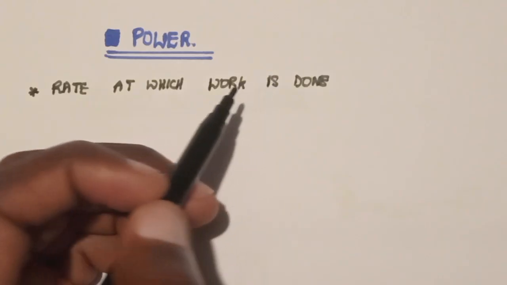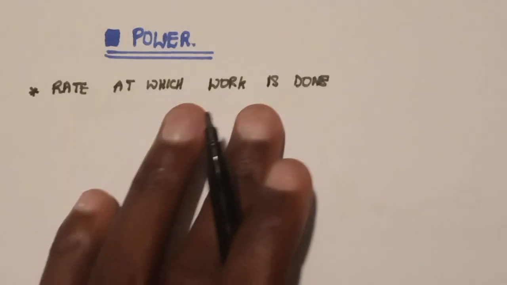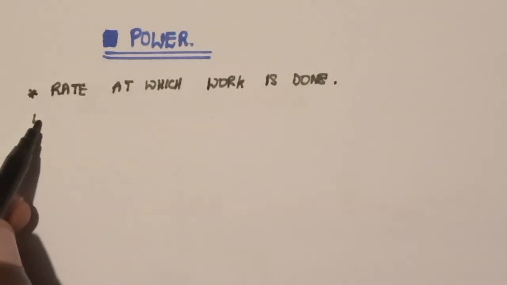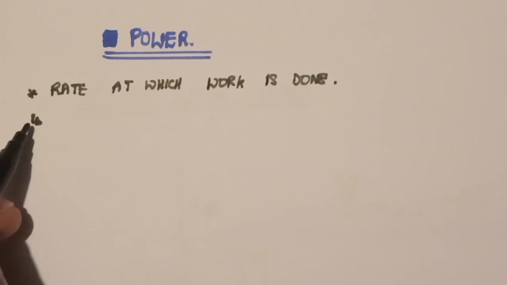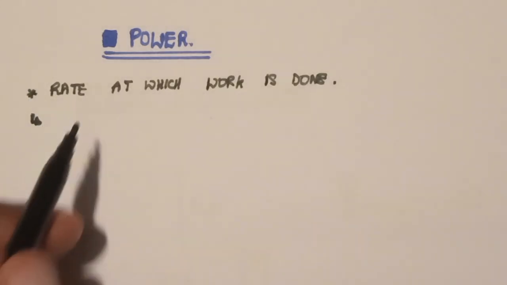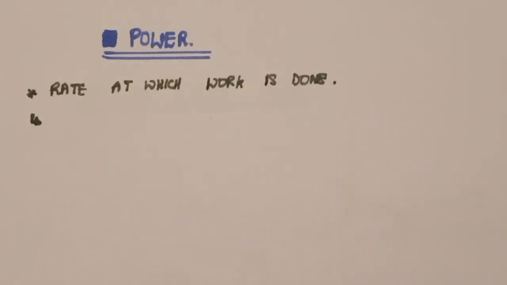What do I mean by the rate at which work is done? Yes, you guessed it. That's power. The rate at which work is done is just the definition of power.